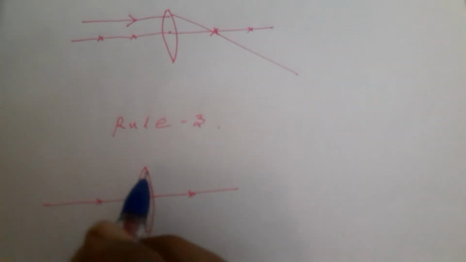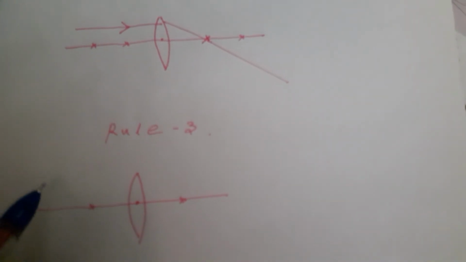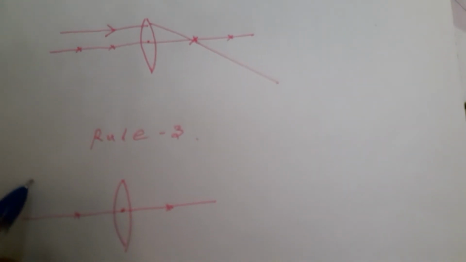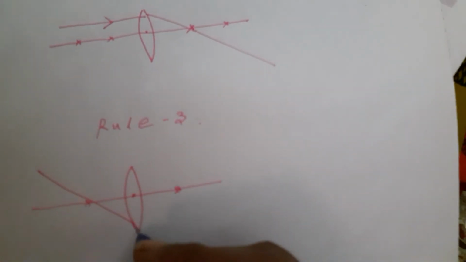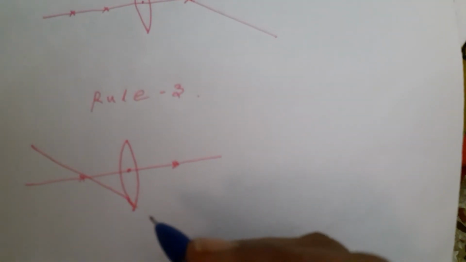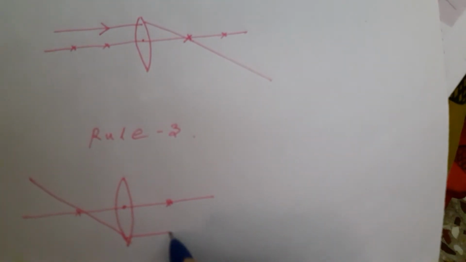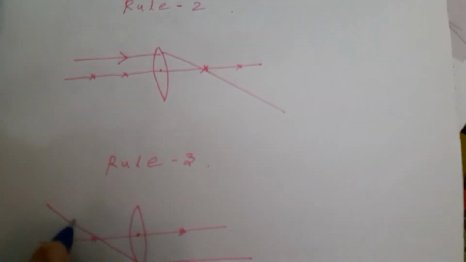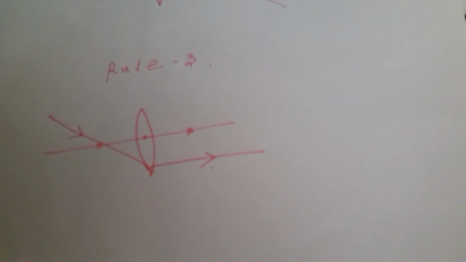Now we are going to see the light ray which is passing through the focal point. After hitting the convex lens, it is refracted parallel to the principal axis. This is your rule 3.